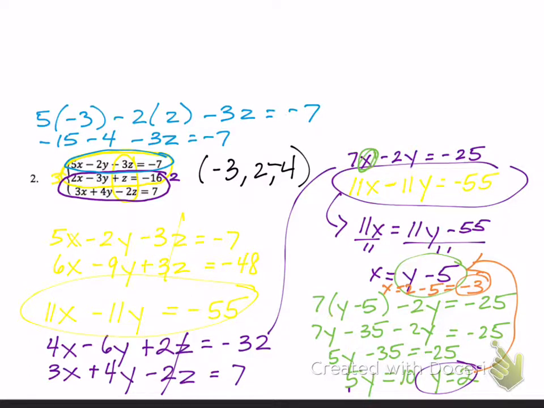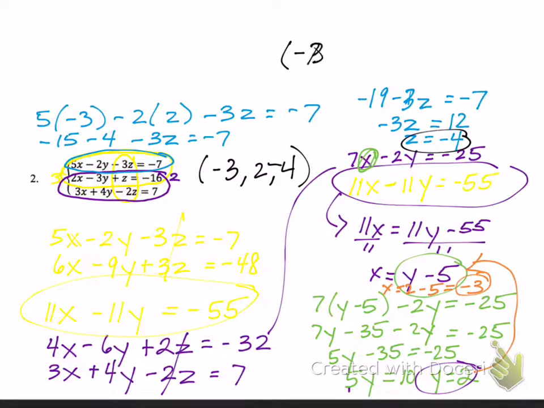I probably should have chosen a different one to plug into. This one's kind of a lot. Negative 3z equals 12, so z equals negative 4. Oh man, so much. Okay, so my ordered pair, x is first, so that's negative 3. Then my y, which is 2, my z, which is negative 4.